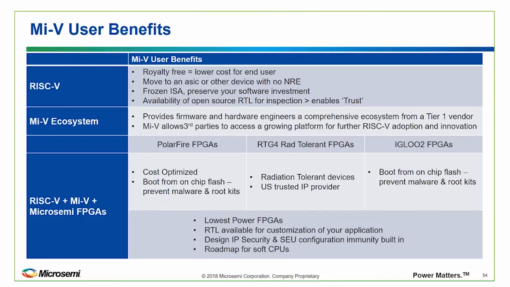PolarFire FPGAs are cost optimized. They can boot from on-chip flash to prevent malware and rootkit type viruses. I didn't actually go through that in any kind of detail. I'm running this application on a PolarFire device. It's running because I'm downloading to the RAM.